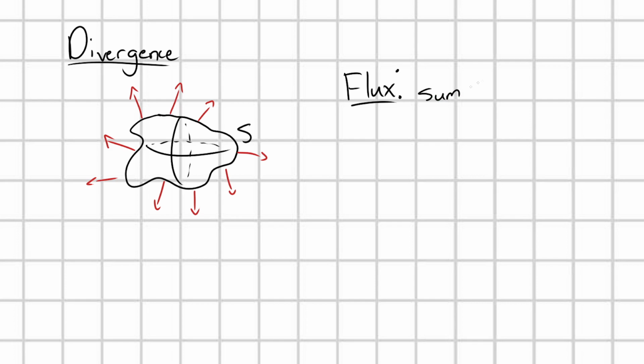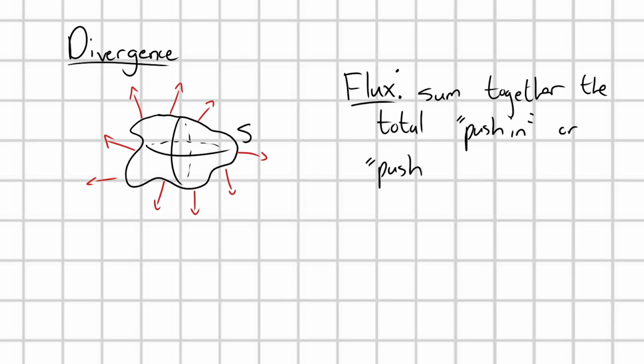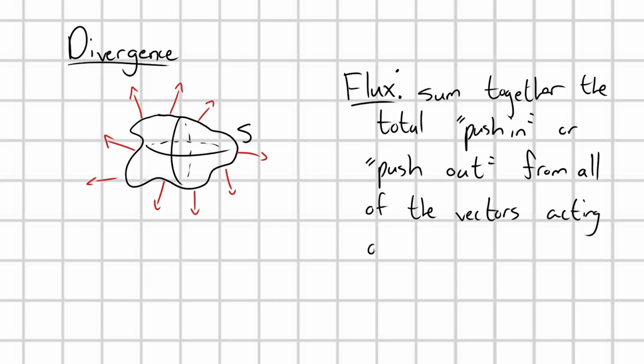You sum together the total push in or push out from all of the vectors acting on a surface S. Or maybe these vectors could represent fluid flow or something, in which case this would indicate the total amount of water moving in or flowing out of the surface S, right?